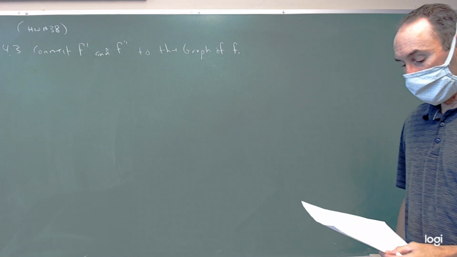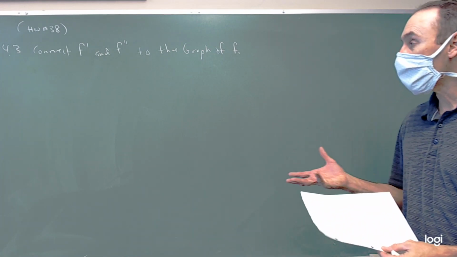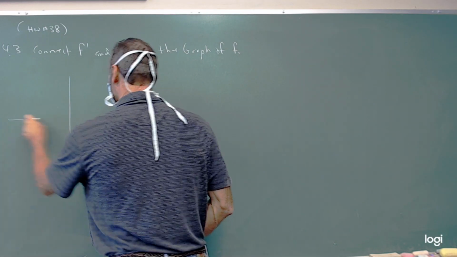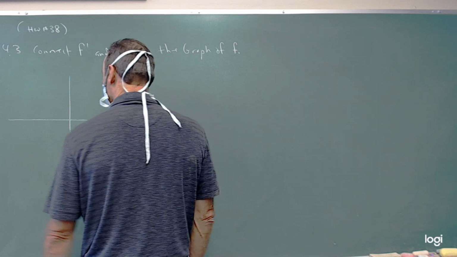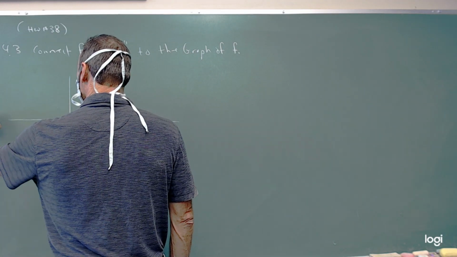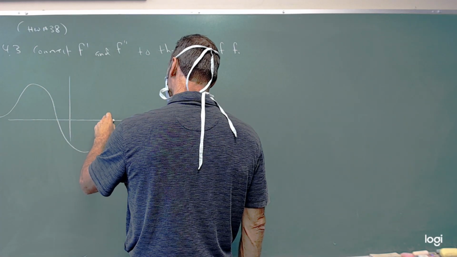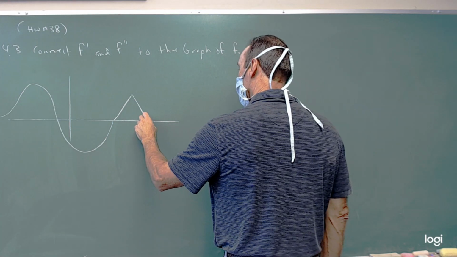So one thing that we notice is if we know the graph of f, I'm going to put down a crazy looking f here, and say we have something that starts out looking like a polynomial, and then we'll throw in some other interesting parts to it.